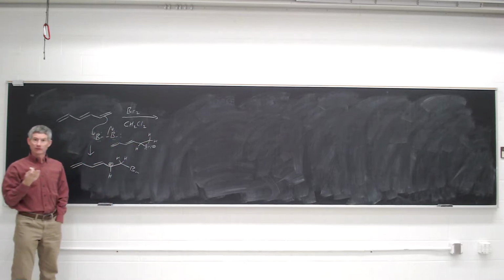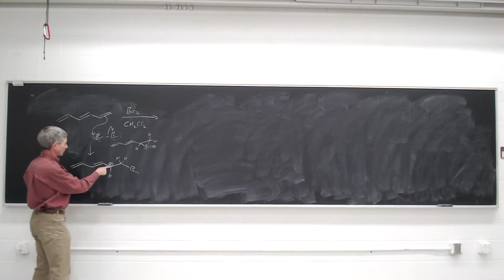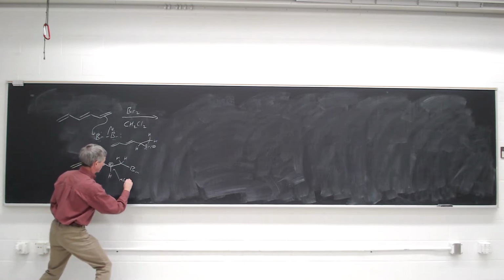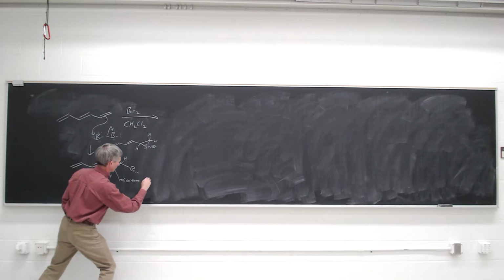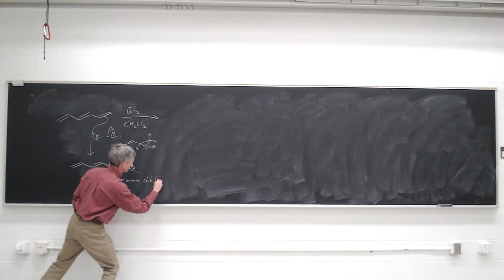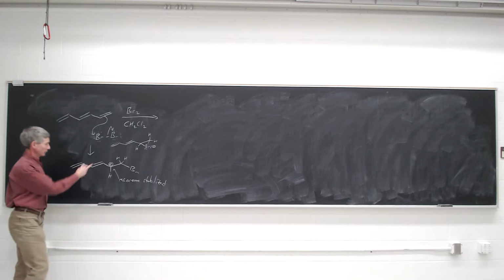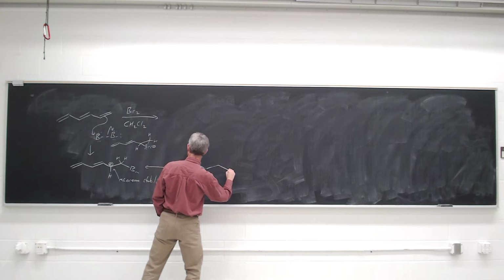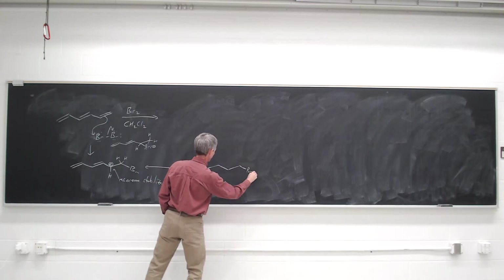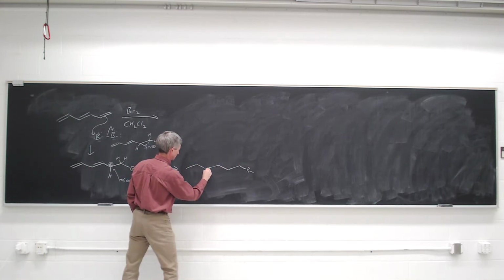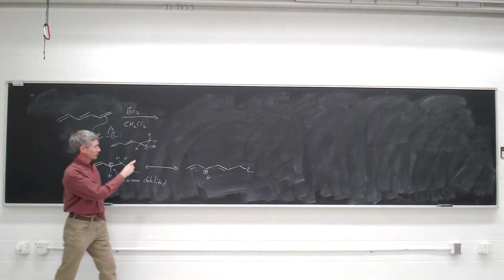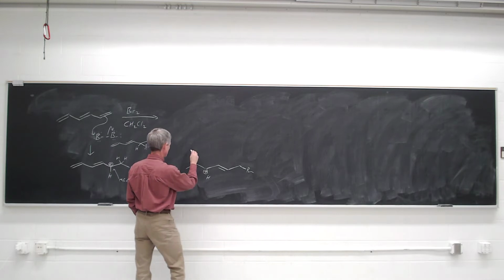Because unlike the other systems, this carbocation is stabilized by resonance. And we can in fact draw 3 resonance structures, with positive charge distributing on every other carbon.